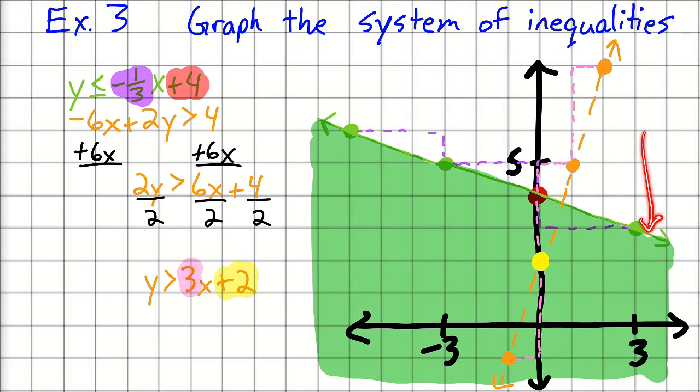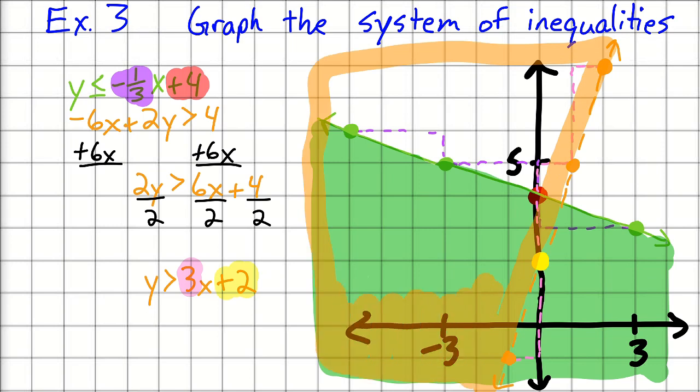Over here, this would be below because it would never hit it. So I shade above. So all of this area is part of the solution set for that particular inequality.